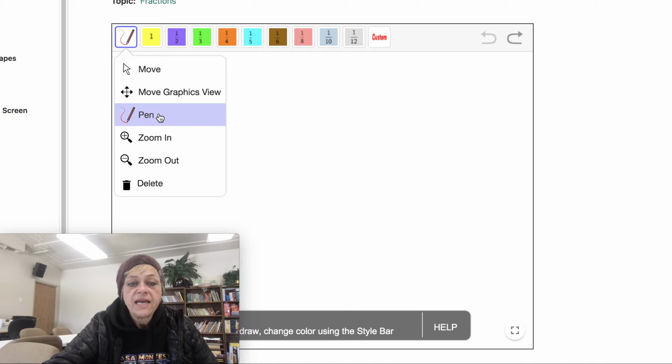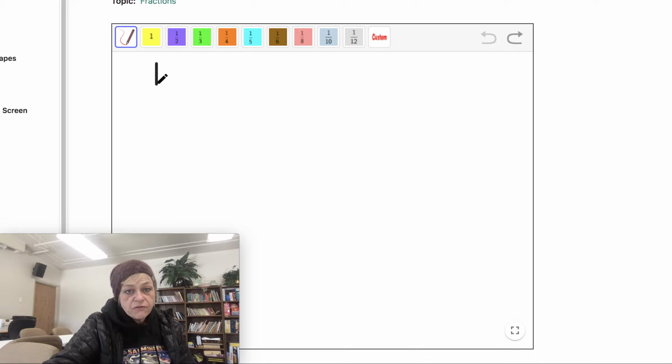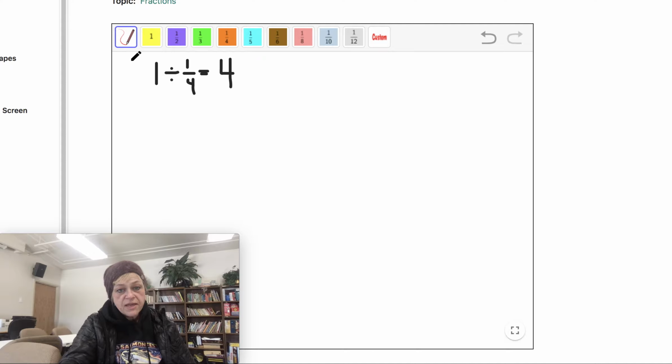So when we think about fractions, I just want to go over this really quick because our first one is going to be 1 divided by 1/4. And let's just go ahead and make it an equation. 1 divided by 1/4 equals 4. But when we think about fractions and we see this 1 whole here, 1 and whole, they kind of are interchangeable in fractions.